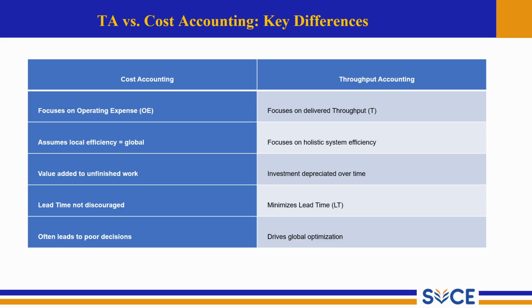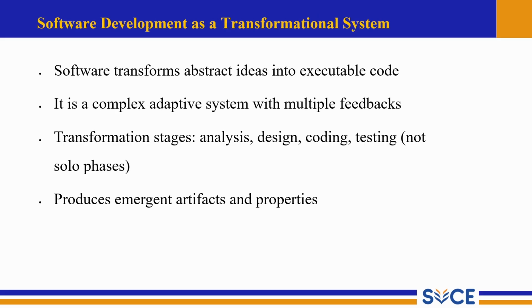And in the next slide, we will see software development as a transformational system. Software transforms abstract ideas into executable code. It is a complex adaptive system with multiple feedbacks.